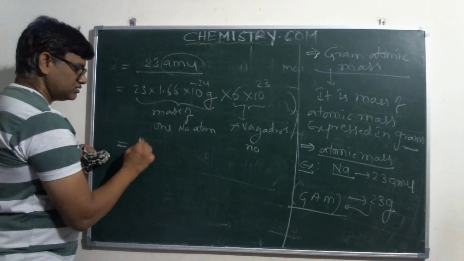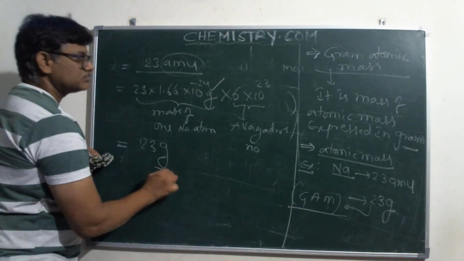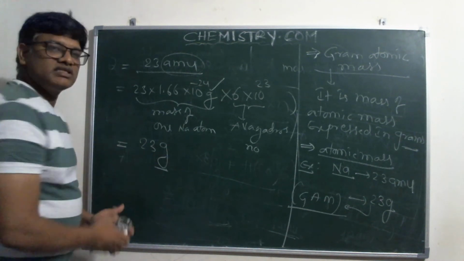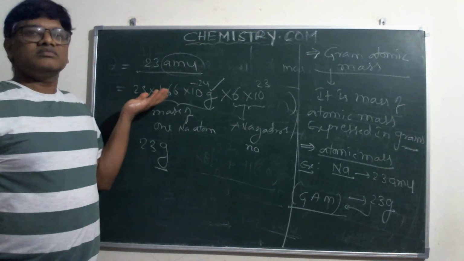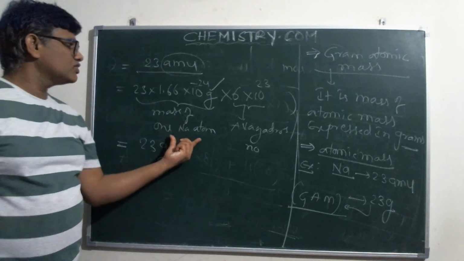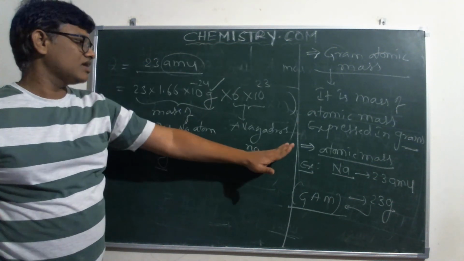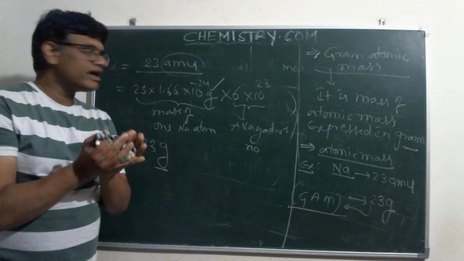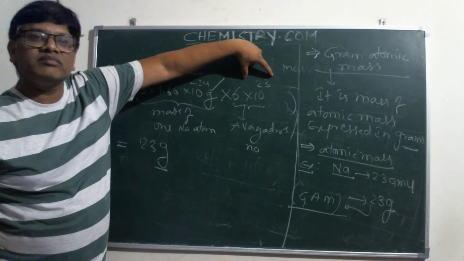You will finally get the answer 23 grams left over. So this 23 grams is the mass of Avogadro number of the particular element. Up to here, that was the mass of one sodium atom. If you multiply by the Avogadro number of sodium atoms, the total mass is 23 grams. So if you weigh 23 grams of sodium, you have this many sodium atoms.